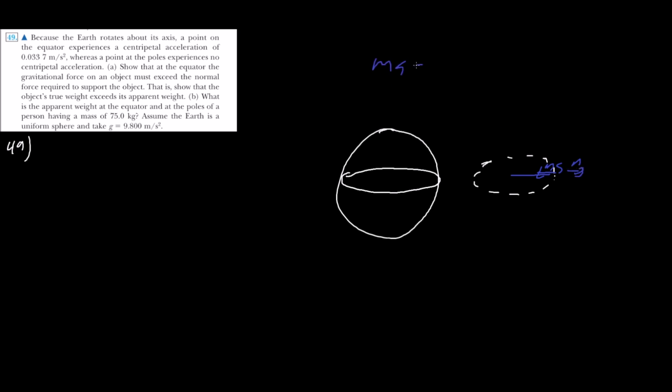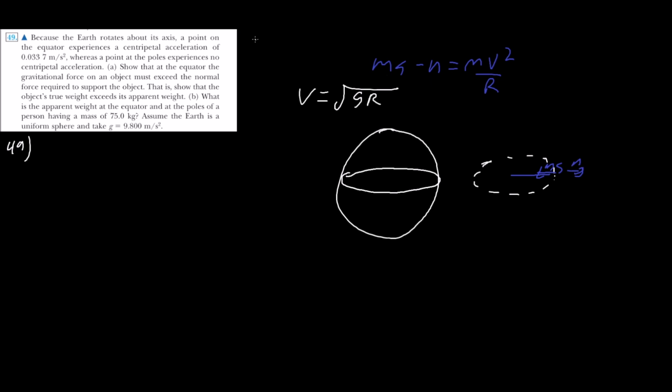So mg minus the normal force equals mv squared over the radius of the Earth. If there is no normal force holding you in contact with it, and you just happen to be rotating with the ground, then v is going to be the square root of g r.